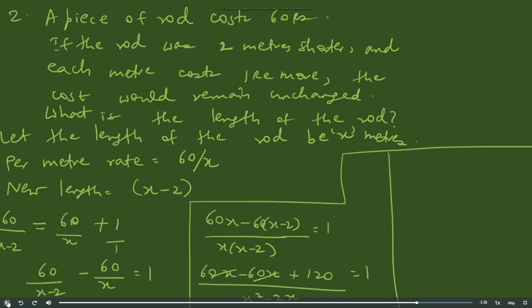So 120 is equal to x square minus 2x. So x square minus 2x minus 120 is equal to 0.